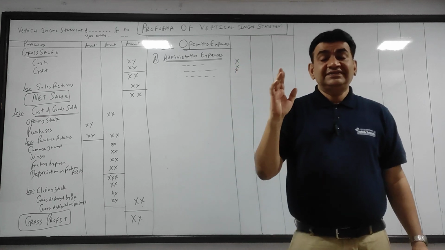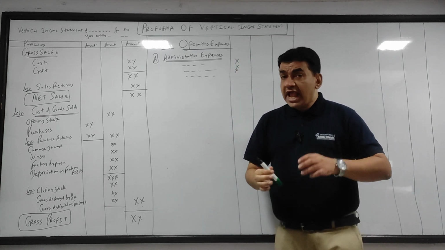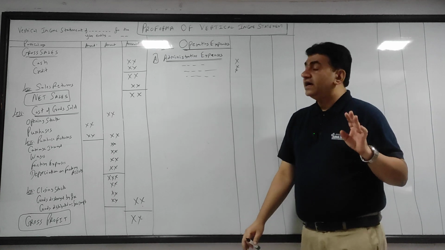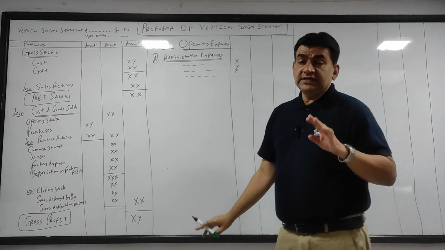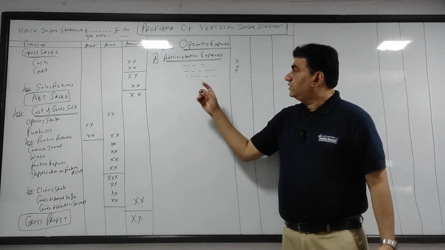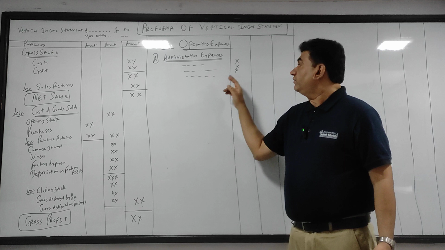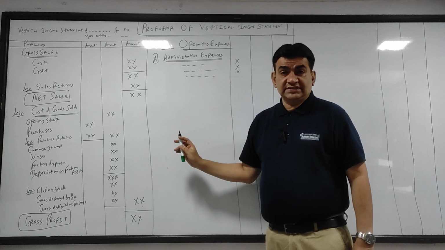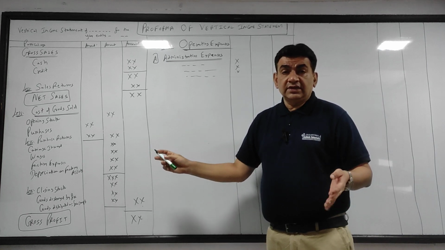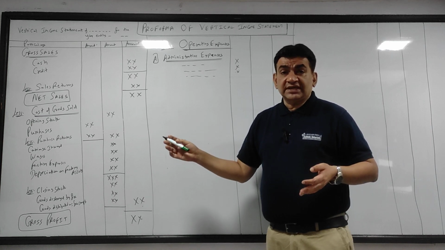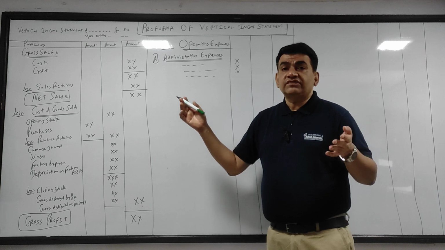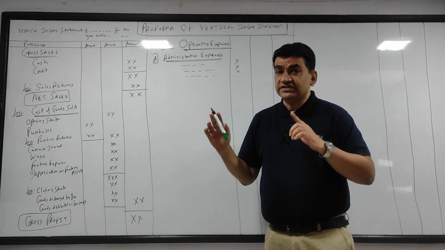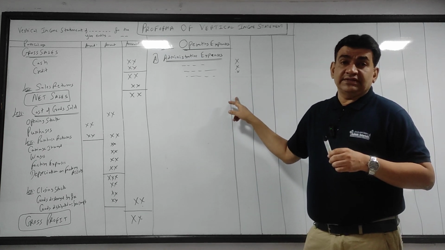Now, if there are assets which you use in office, then their depreciation will be a part of admin expense. Like office computer, calculators, desktops, laptops, office furniture and fixtures, office lighting. In short, whatever assets are used in office, their depreciation will be admin expense.